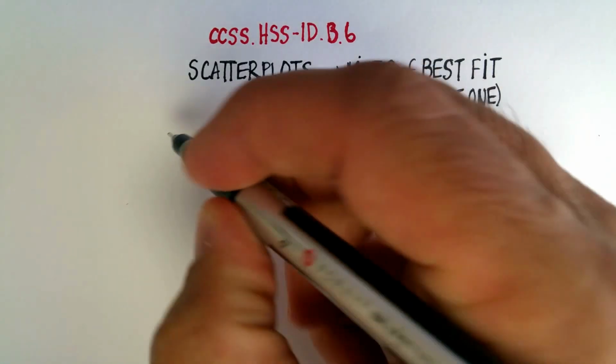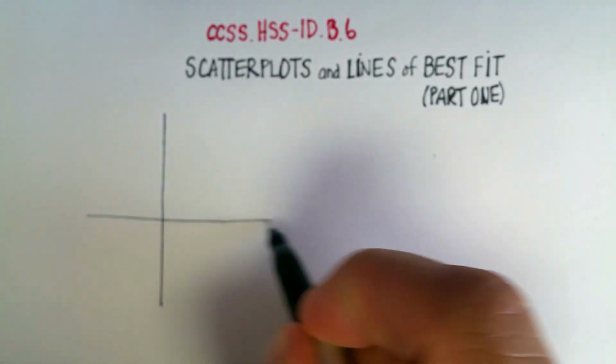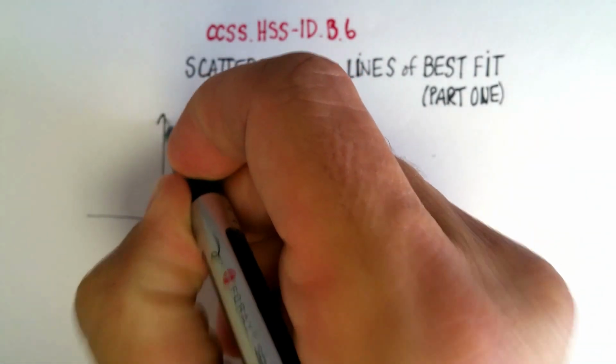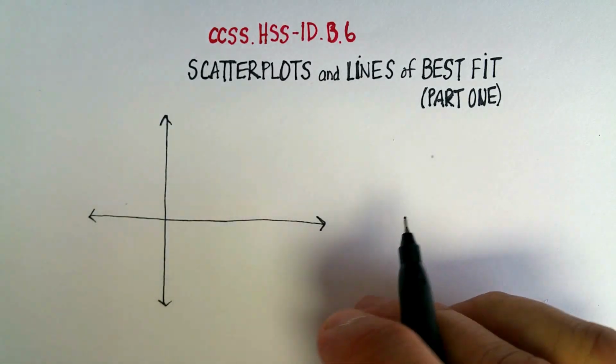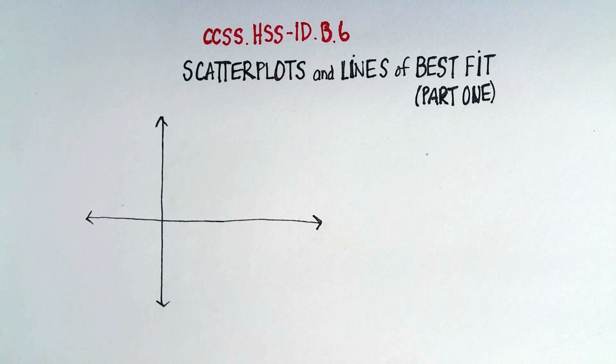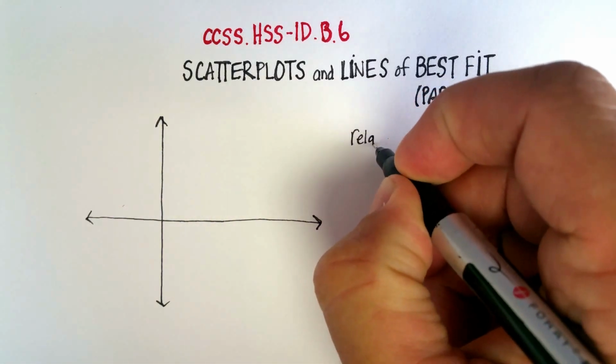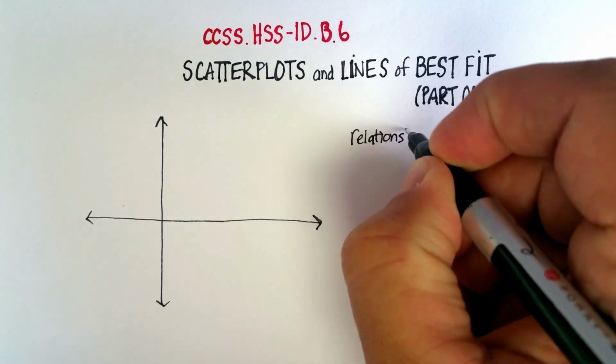A scatterplot is really just an XY axis where you plot data that you've received from the real world, like you might have done an experiment, or you're trying to describe the relationship between two variables. Relationship, that's important.